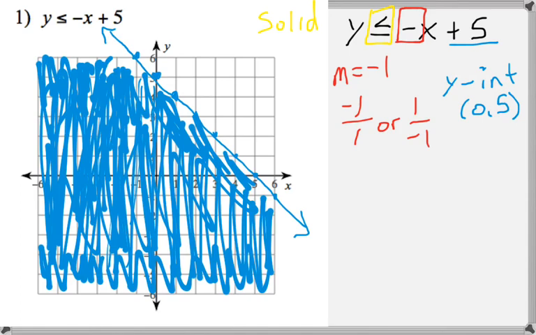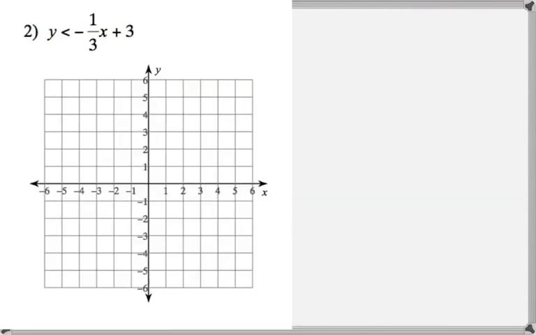Let's look at a second example. Here we have y is less than -1/3 x plus 3. It does not have the or equals to part, so we're going to use a dashed line.